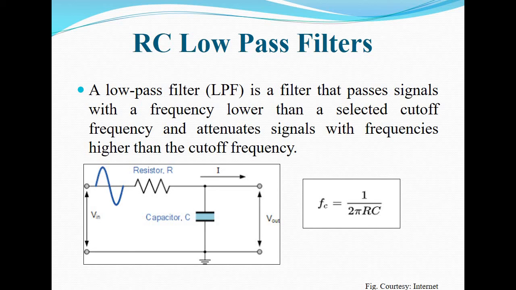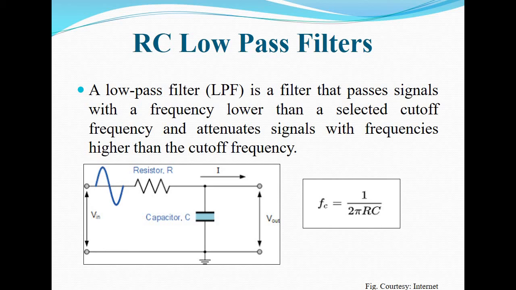Now the first type is RC low pass filters. Why RC? Because we are using a simple resistor and a simple capacitor here. A low pass filter, LPF, is a filter which passes signals with a frequency lower than the selected cutoff frequency and attenuates signals with frequencies higher than the cutoff frequency.